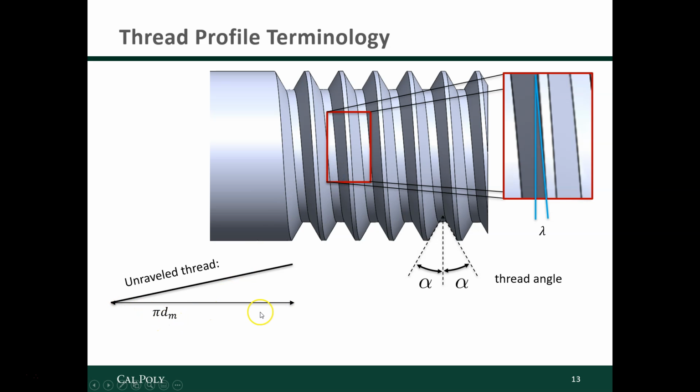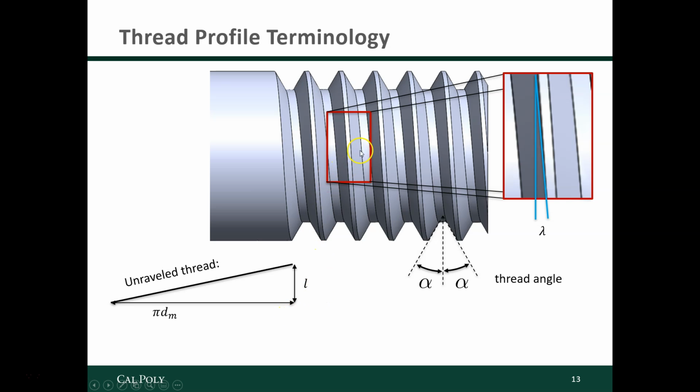This is the relationship between those two things. If I am the ant that's traveling strictly around that cylinder, I've gone pi d_m, versus if I am traveling around the thread, I've gone a different distance. And there's a certain angle between these two paths. Now the third leg of this right triangle is the lead.